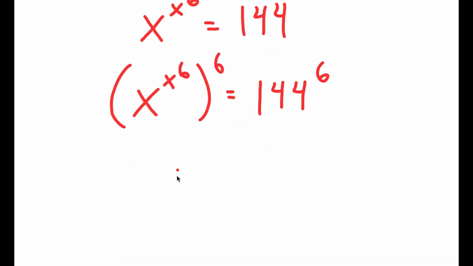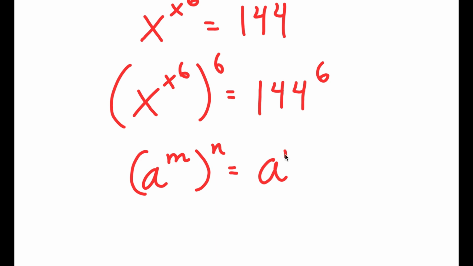And now if I have something in the form a to the power of m to the power of n, this is equal to a to the power of m times n. But a to the power of m times n is also equal to a to the power of n times m.